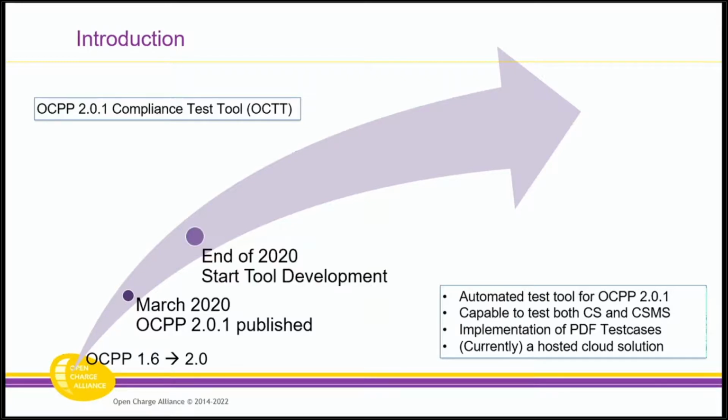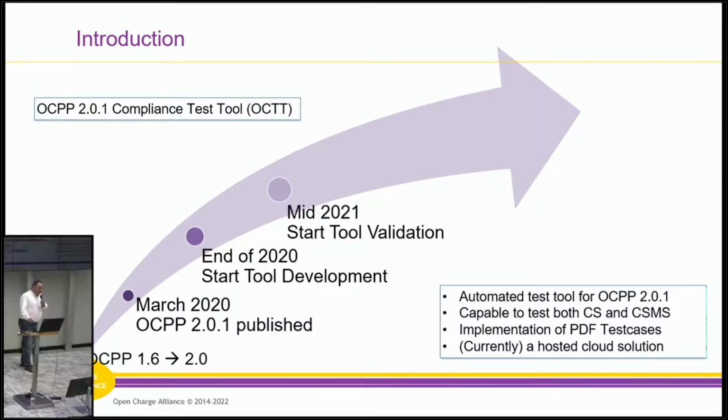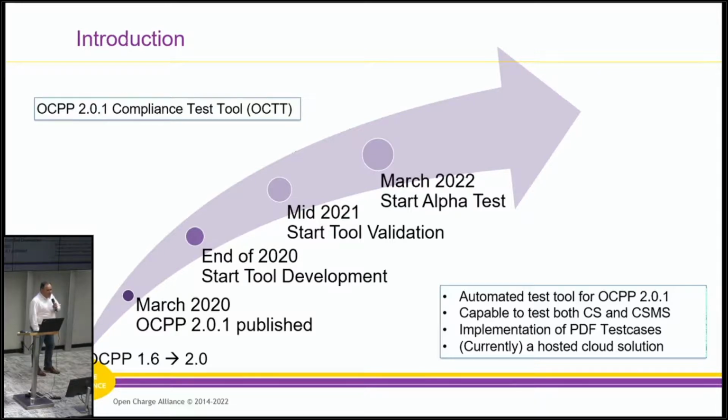We started development at the end of 2020, and since then we've been going through a lot of steps to finalize the tool. Mid last year we started the validation of the tool because we have to make sure that the test cases are correct. Then in March this year we started an alpha test with a small group of partner companies.